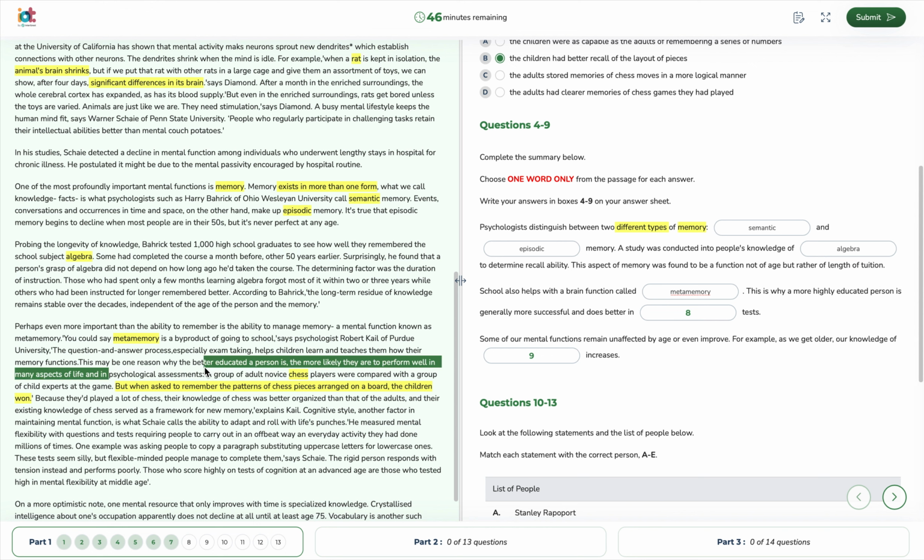If you see, they have replaced the test word with assessments. So here your answer would be psychological assessments.